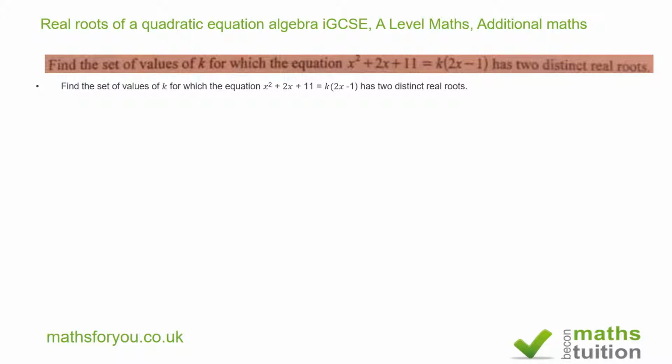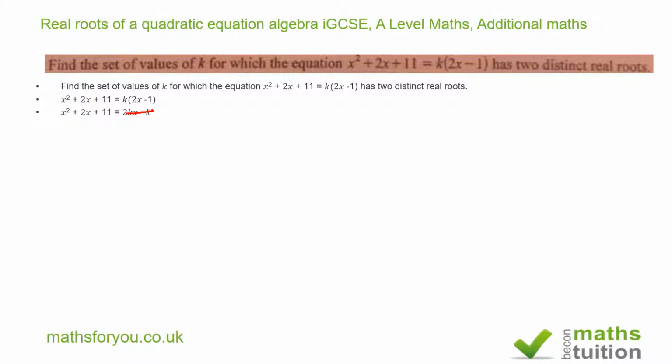Right, now moving on from that. The next line will be this one here. Copy down the equation again: x squared plus 2x minus 11 is equal to k into 2x minus 1. Now, if we subtract k into 2x minus 1 from both sides, we end up with this here.